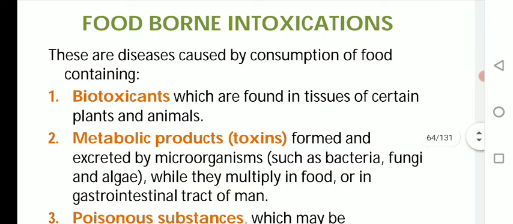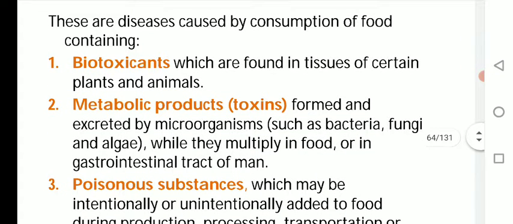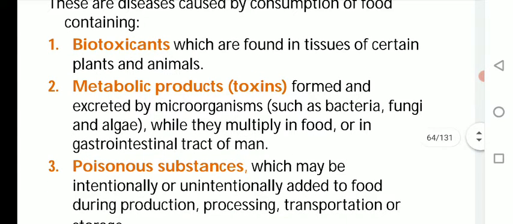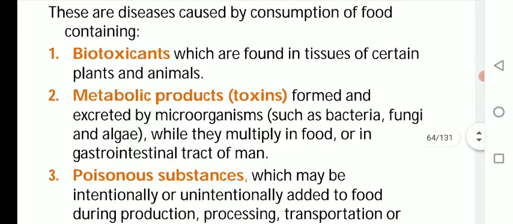And so, these are diseases caused by consumption of food containing biotoxicants which are found in tissues of certain plants and animals. Then metabolic products, better known as toxins, formed and excreted by different types of microorganisms. It includes bacteria, then fungi, then algae, while they multiply in food or in the gastrointestinal tract of man.